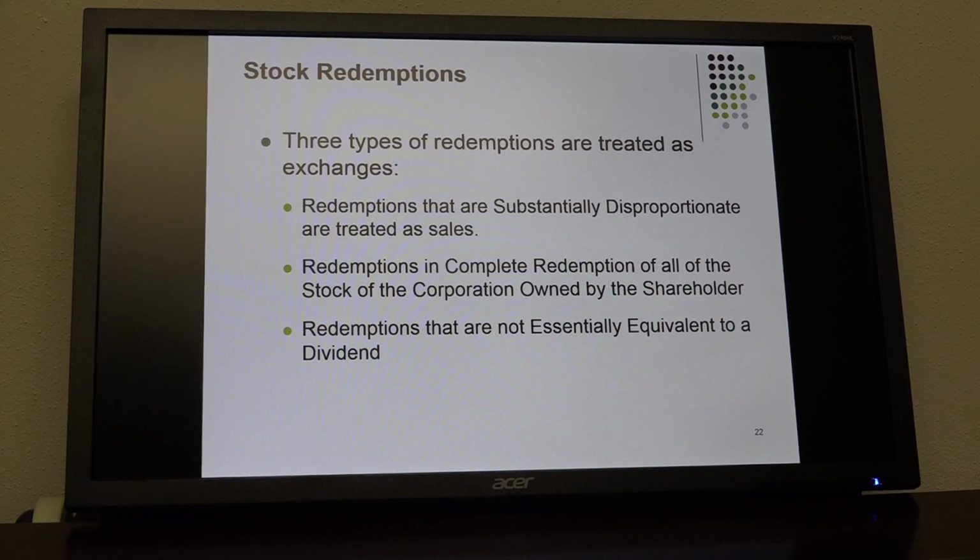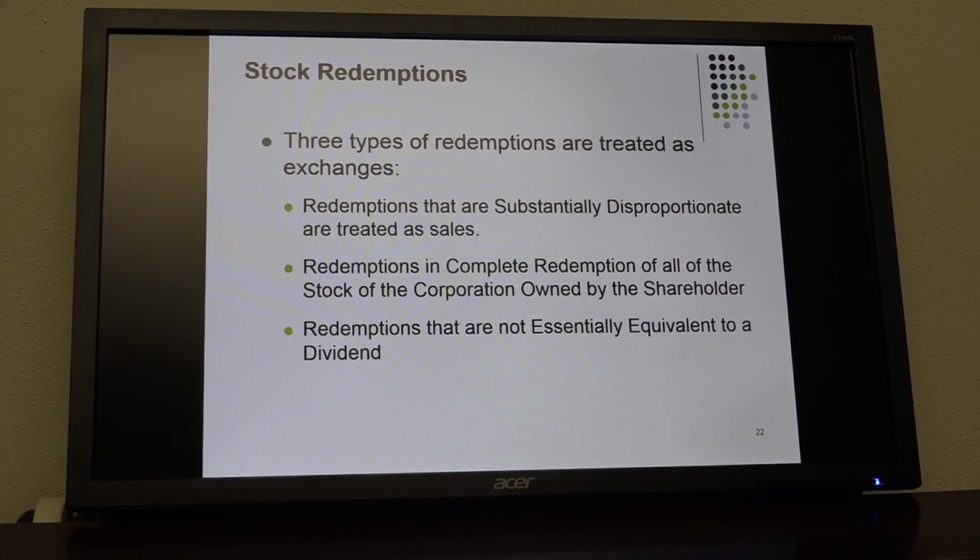Having said that, the IRS usually looks to see the change in voting power. The shareholder receiving the redemption, their voting power must decrease and be below 50% as a result of the exchange before they'll even consider this test.